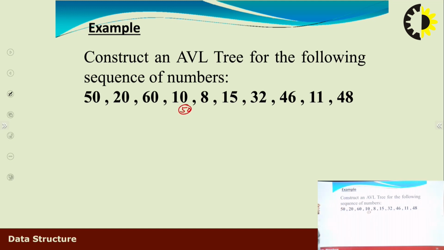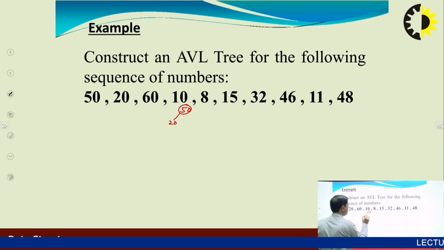So 50 is balanced because balancing factor is 0. After that, we have to insert 20. We will compare 20 with 50. Then in that case, 20 will be the left child of 50 according to the binary search property.